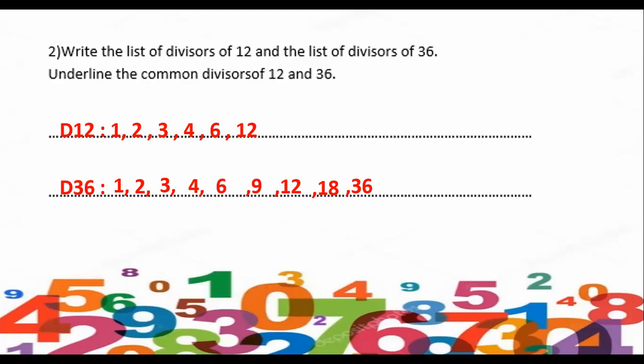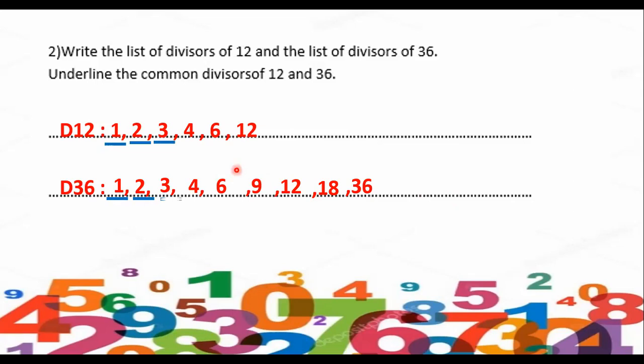Now I want to search for the common divisors. Yalla ya Mazen. What are the common divisors of 12 and 36? 1, 2, excellent. 3.